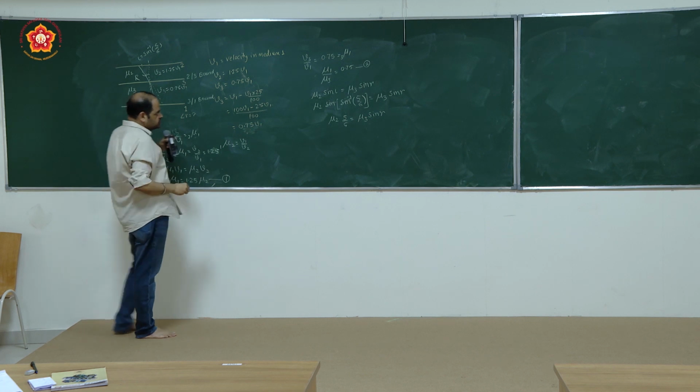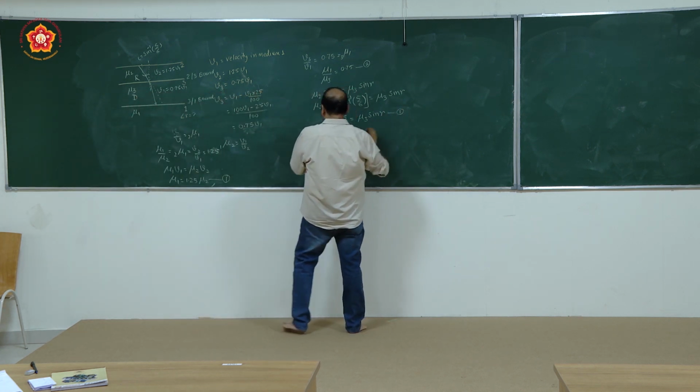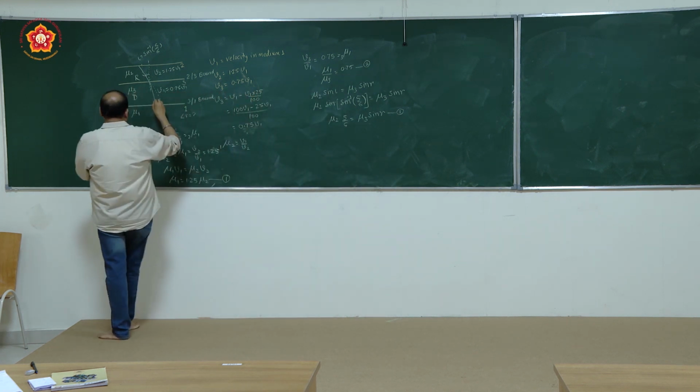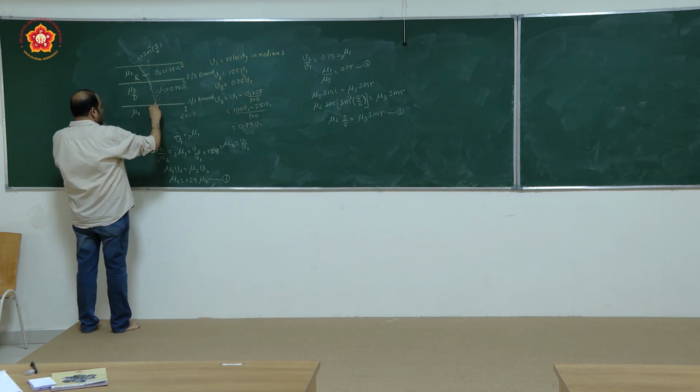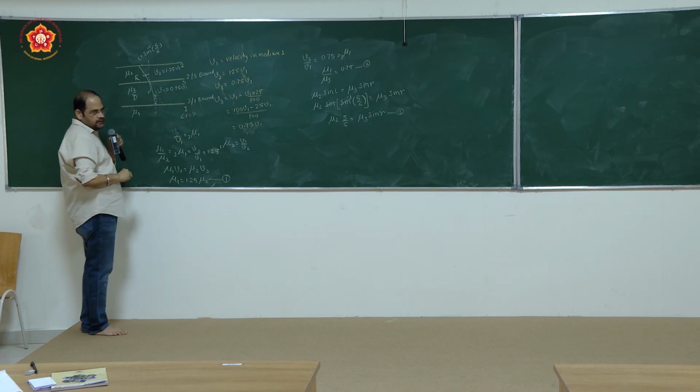That angle of refraction would be taken here by this equation, and that will become the angle of incidence at this point. At this point, this will be the angle of incidence. Whatever is the angle of refraction here, same will become the angle of incidence here.